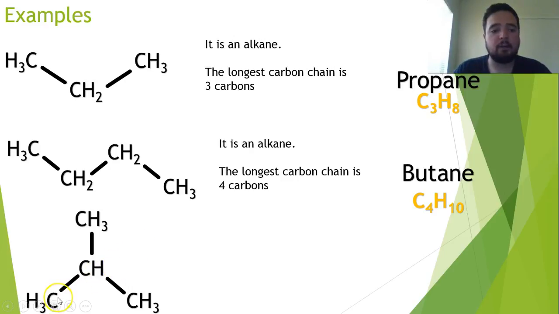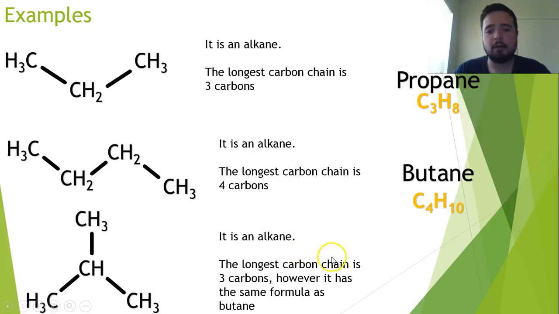Now this one is a weird one. So if I count up the longest carbon chain, 1, 2, 3, okay, that's prop. But if we recognize how many carbons and hydrogens there are, they're equivalent to exactly this same formula. Okay, so this is an alkane. The longest carbon chain is 3, however, it has the same formula as butane.